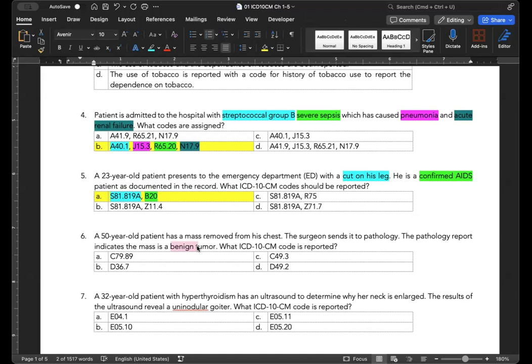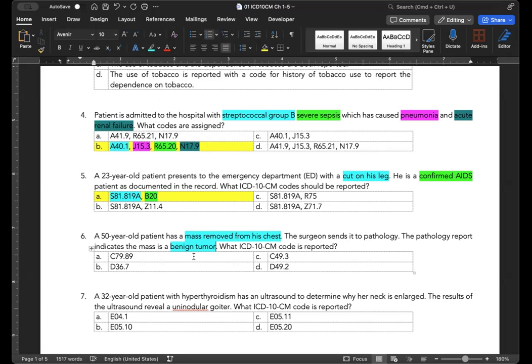Okay. The table of neoplasms is organized by anatomic location. So what anatomic location is your benign tumor coming from? Chest. Yep, the chest. And then our behavior is benign.